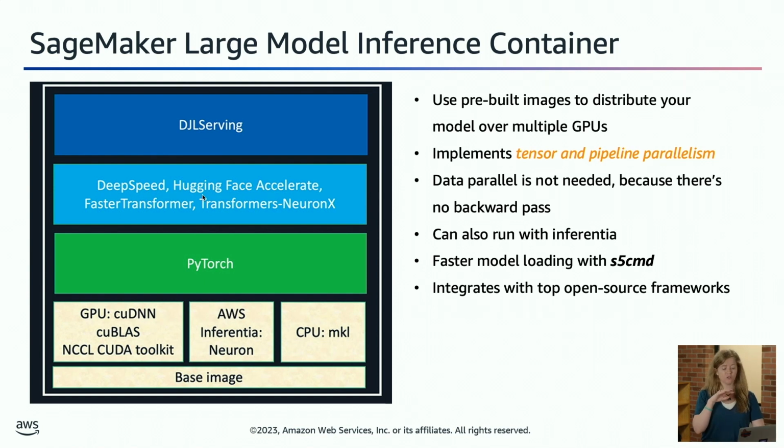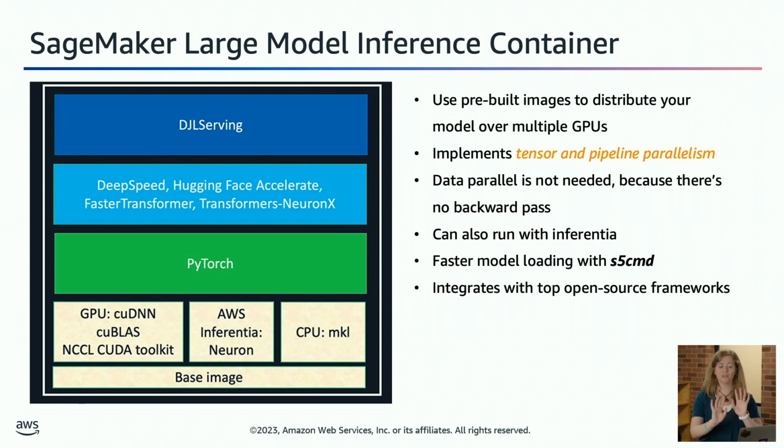So the distributed training framework here is letting us shard our model over multiple GPUs. Commonly in this case, we're actually only going to use tensor and pipeline parallelism. Data parallelism is not needed because we're only doing a forward pass.